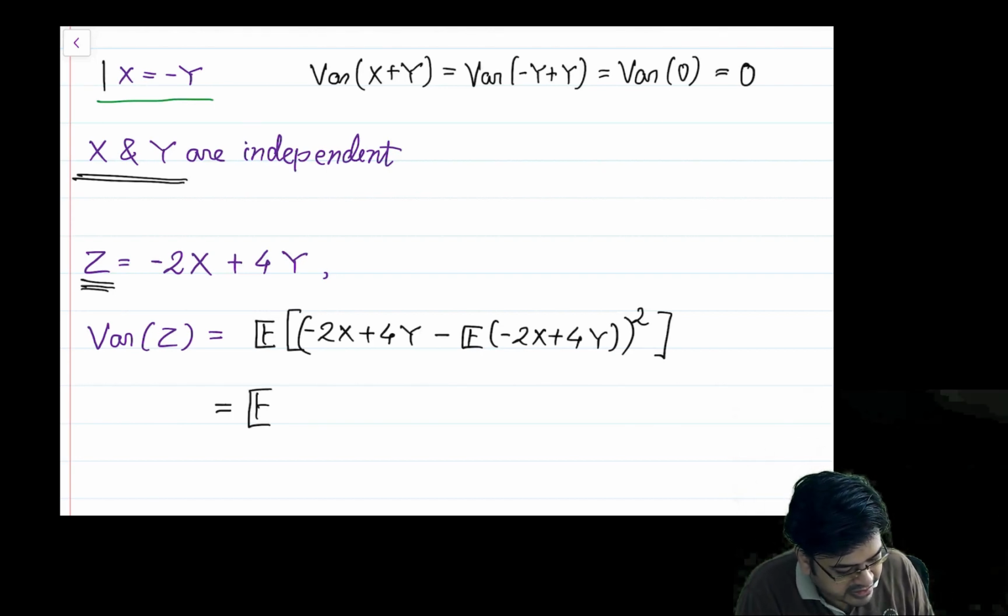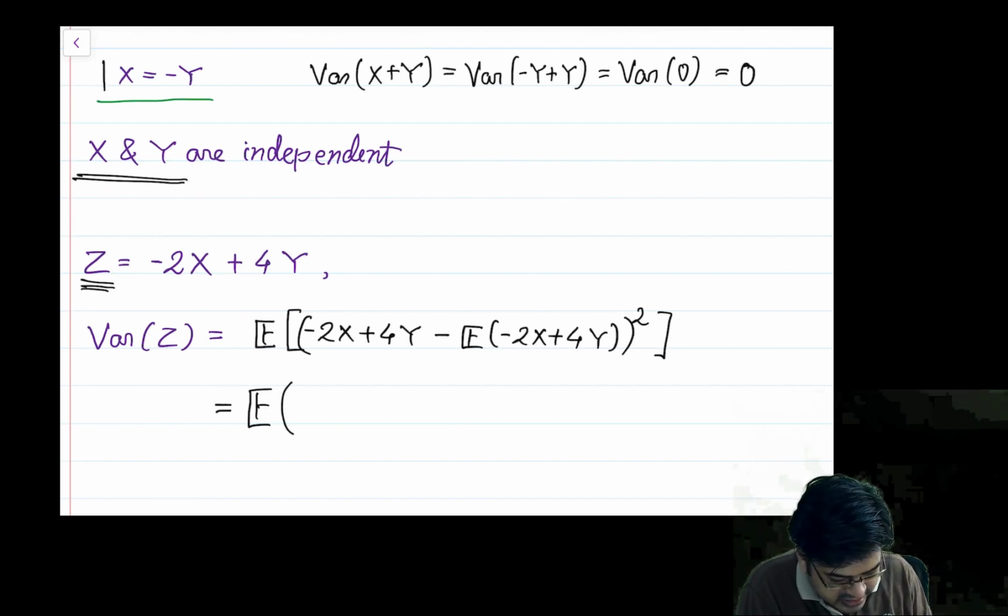So let us go ahead and expand this. In this particular case, the term within the second parenthesis, I know what the answer is.